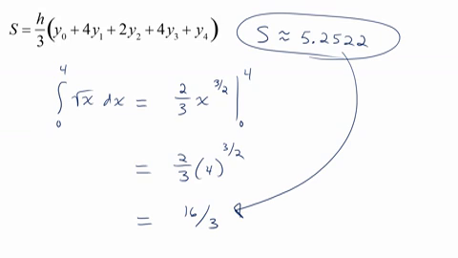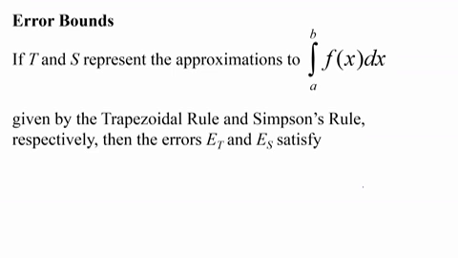Each of these rules, both trapezoidal and Simpson's rule, is an approximation, so there is some error. Let's look at some formulas that will help us calculate the error in each case. Error bounds.